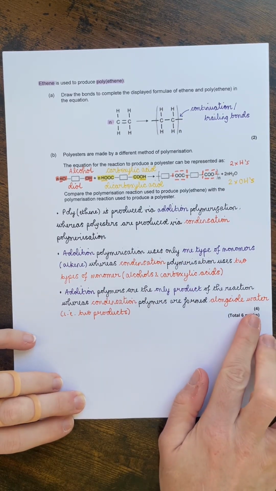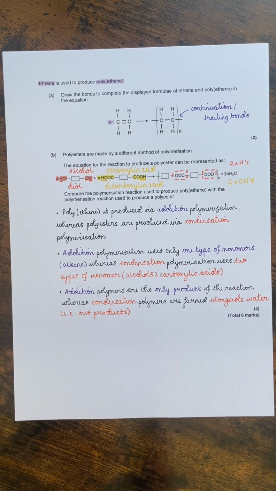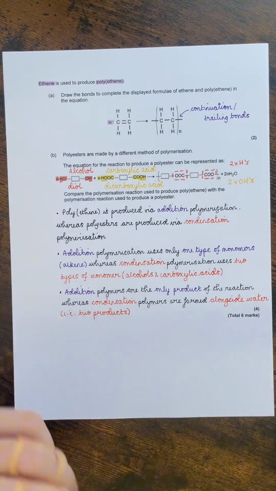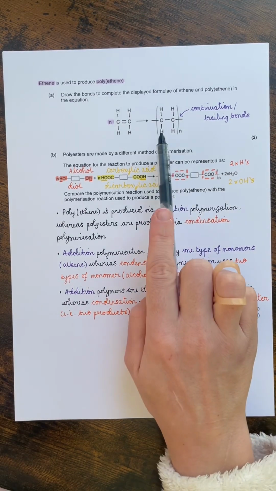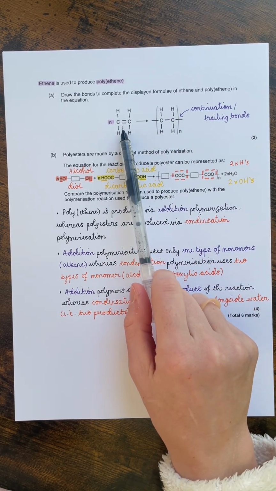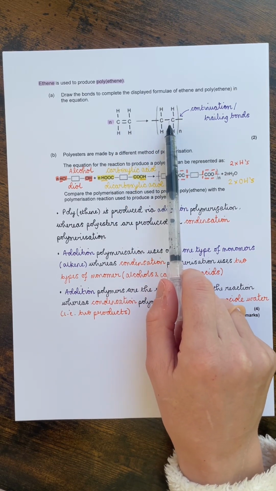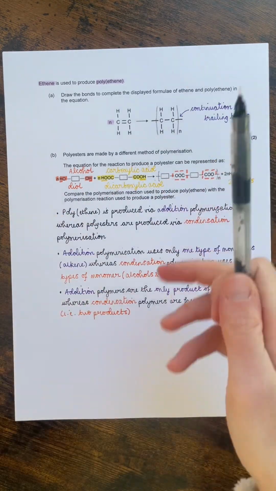And because this is 4 marks, I'm thinking of and writing down 4 things that are different. So we've got addition polymerization versus condensation, we've then got one type of monomer versus two types of monomers, we've got only one product, and then we've got two products. And then the final thing is thinking about what we've then got within the polymer itself. So when we've got all of our ethene monomers joined together, we then have this sort of alkane hydrocarbon based chain because we've got polyethene.